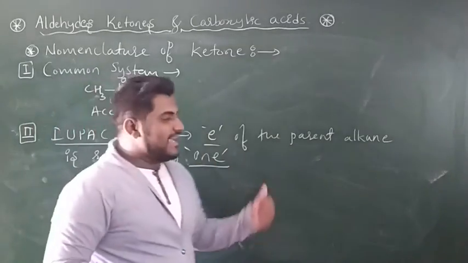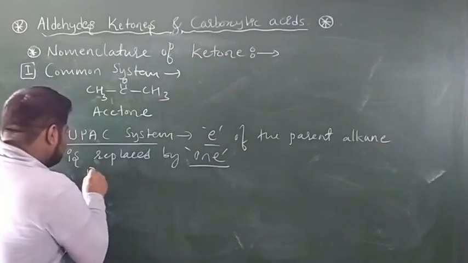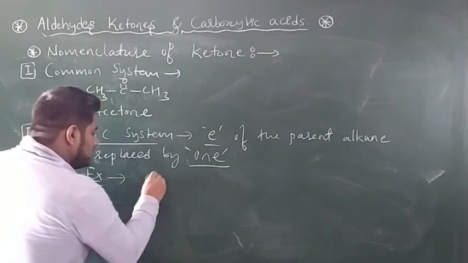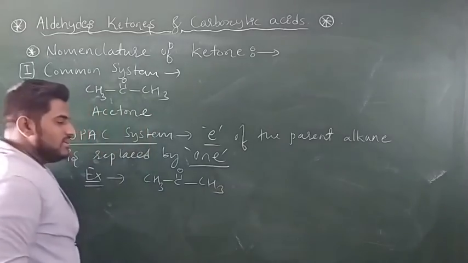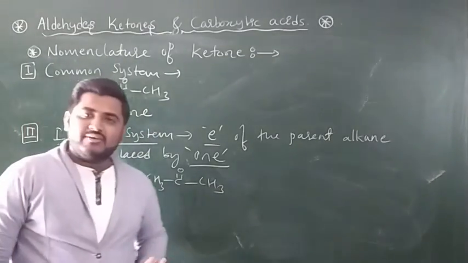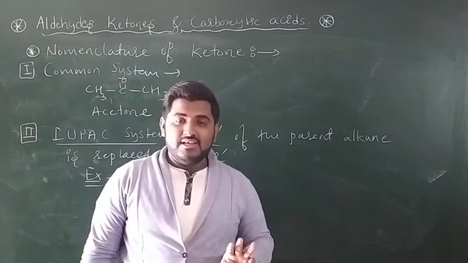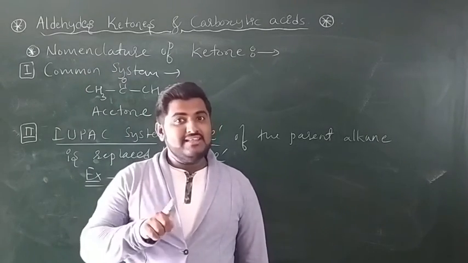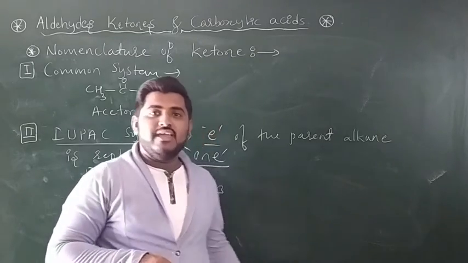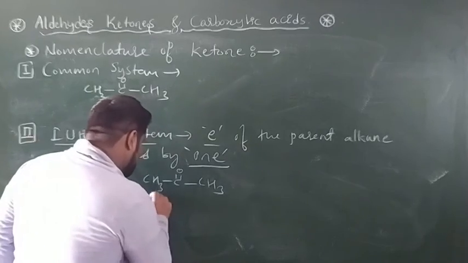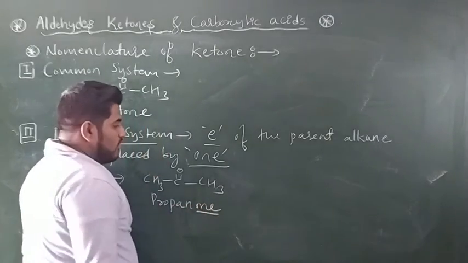How does this happen? You can take the same example, CH3 CO CH3. 1, 2, 3 carbon atoms are there. 3 carbon atoms means it is propane. So the E of the alkane is replaced by ONE. So propane, E is replaced by ONE, therefore the name is propanone.